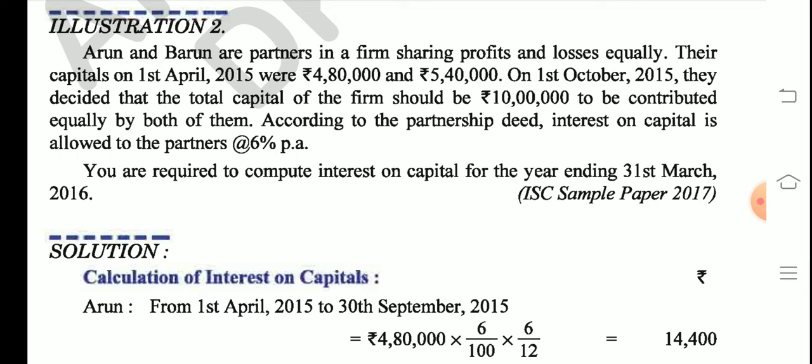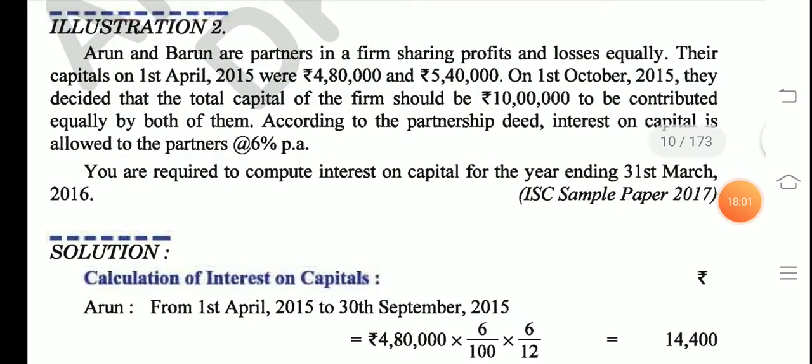So how are we going to calculate these capitals? See, the date is mentioned here. From 1st April to 30th September, for the first 6 months, the capital stands at 4,80,000 and 5,40,000. And for the next 6 months, that is from October to March. You know, the financial year starts from April to March, right?